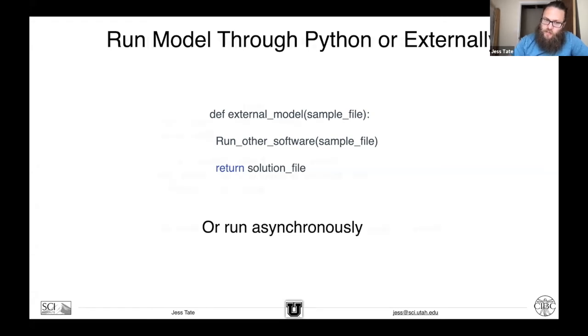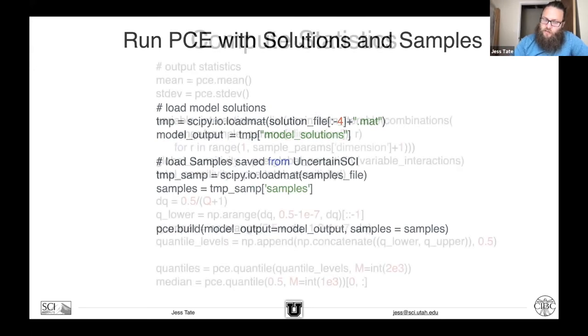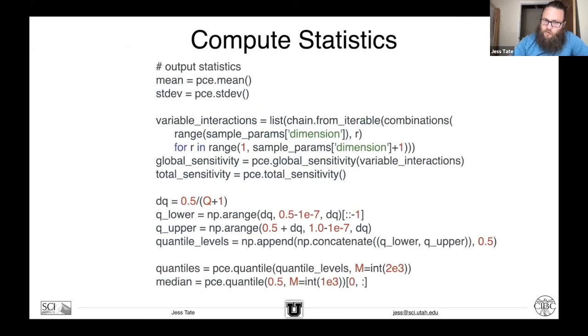And then what you do next is load in both the parameter sets that you ran, as well as the solutions for those parameter sets, and then run your polynomial chaos emulator using this API. And then after you do that, all the rest of the statistics are available to you through Python and UncertainSCI.